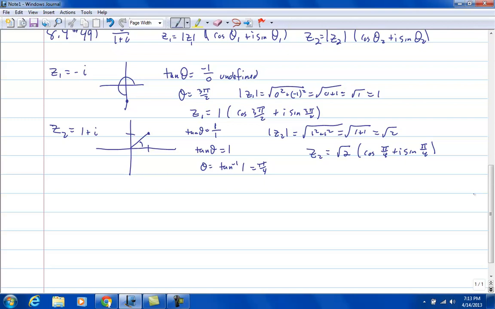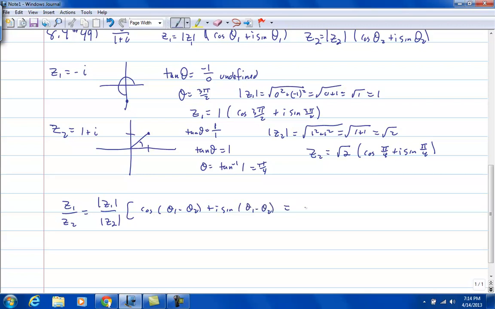I get this from the book, also from my notes, but from the book it says z1 over z2 is going to be the magnitude of z1 divided by the magnitude of z2 times cosine of theta 1 minus theta 2 plus i sine of theta 1 minus theta 2.